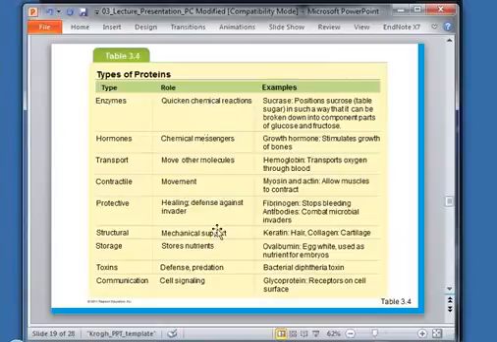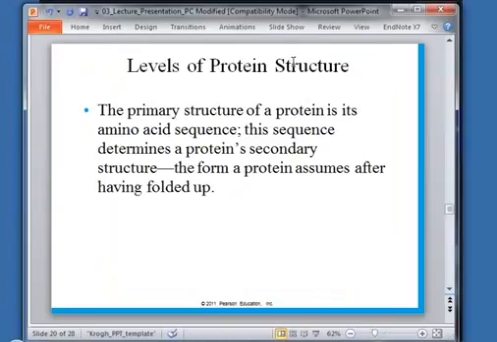Here's a selection of some different types of proteins from your book. Notice all these different things the proteins can do. And so, really, the functional molecules that get a lot of stuff done in your body are going to be built of proteins, because proteins can perform a variety of functions. Protein structure is divided into several levels.